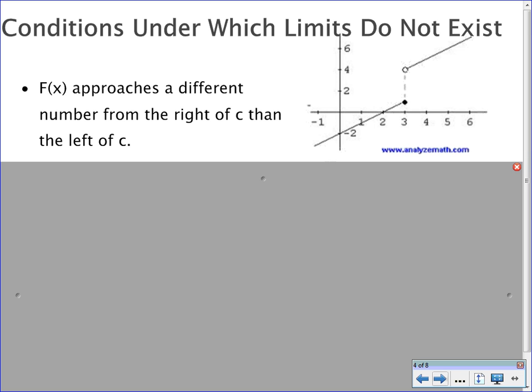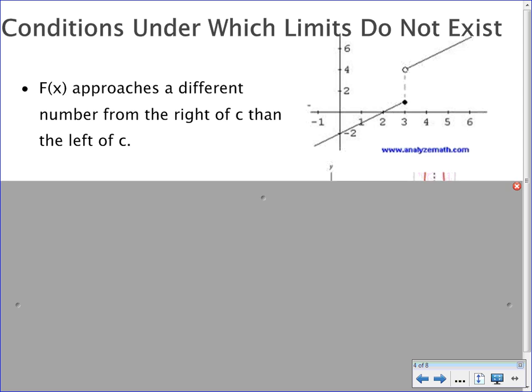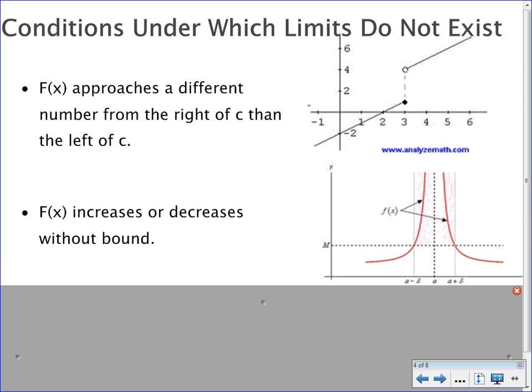Second time, we don't have a limit is when we are increasing or decreasing without bounds. Okay, the examples that we're going to look at in this class is basically a vertical asymptote. Okay, if I ask you to evaluate a limit, what happens at a vertical asymptote? What is the graph doing?